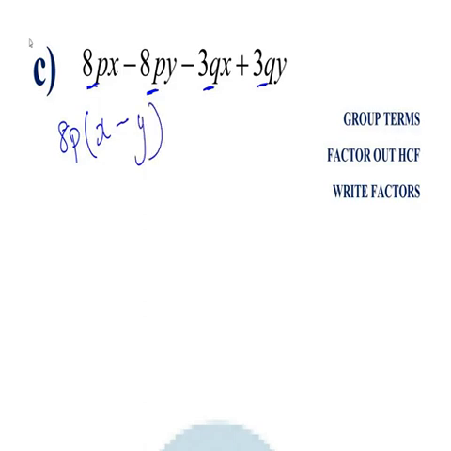Now what are we going to factor out here? We'll factor out negative. We always factor out the negative because we always want the first term in our binomial to be positive. So we factor out negative 3q.